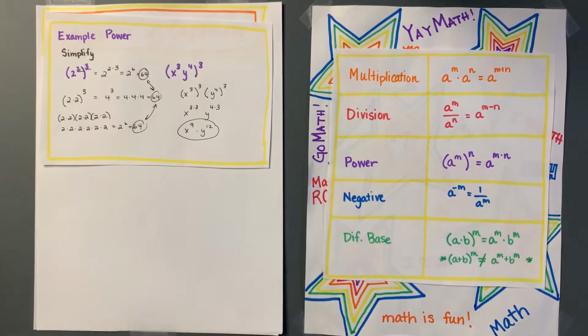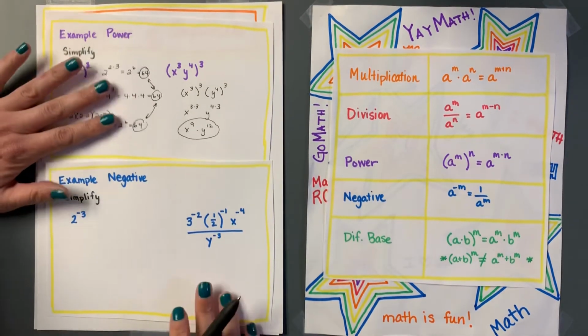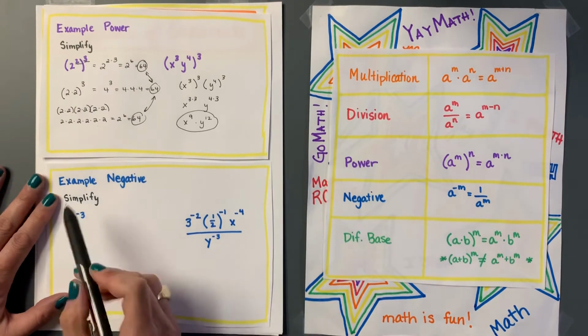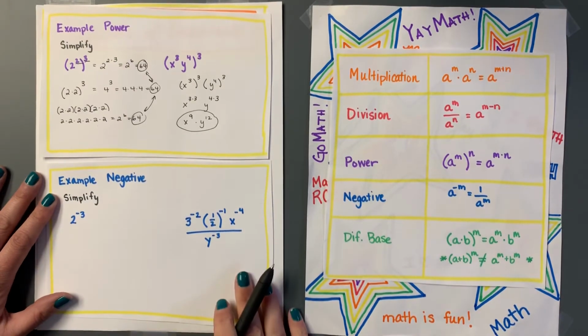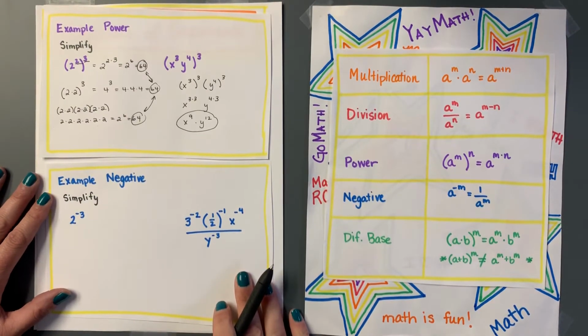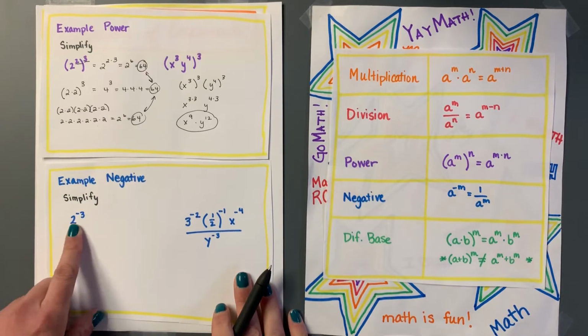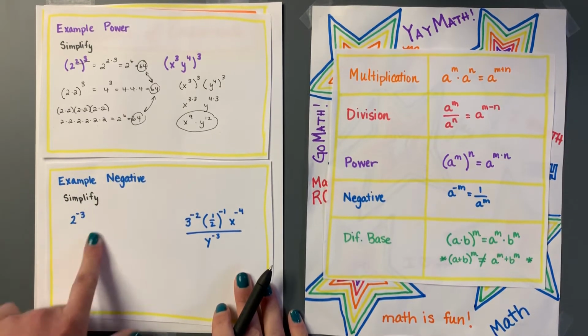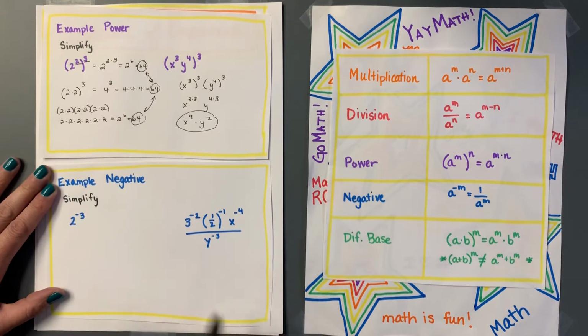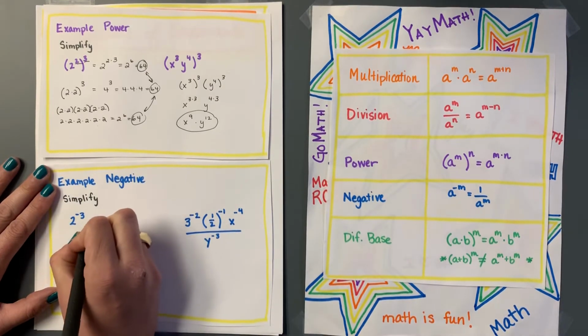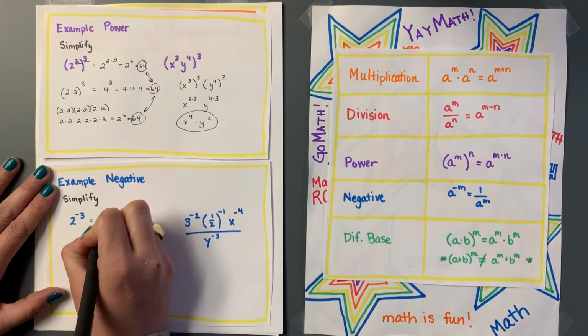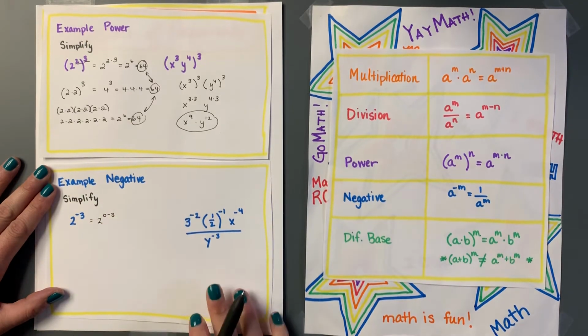Looking at negative exponents now, a negative exponent means that I'm going to take the reciprocal. So one way of looking at this is like saying I have 2 to the 0 minus 3.